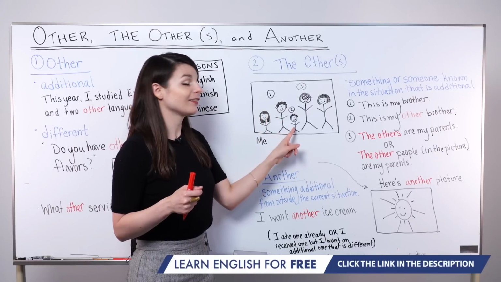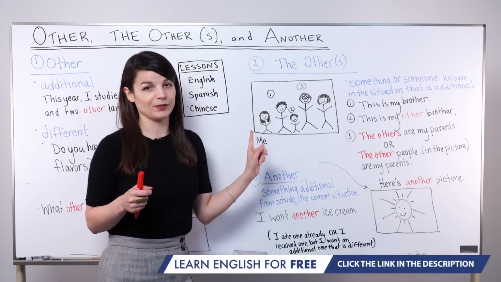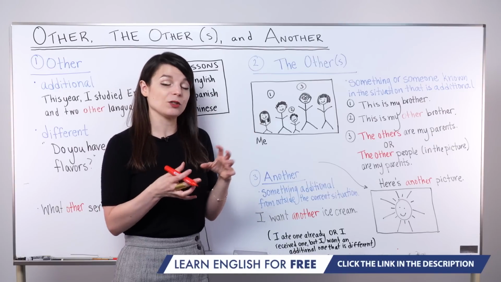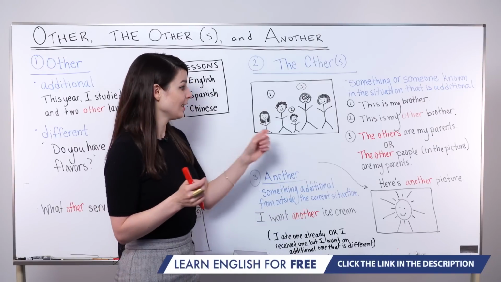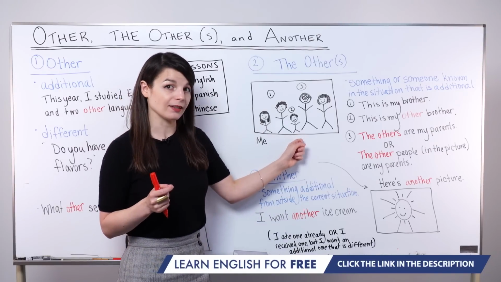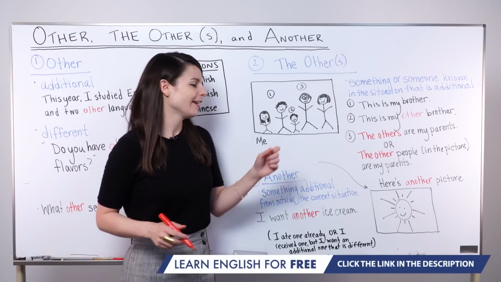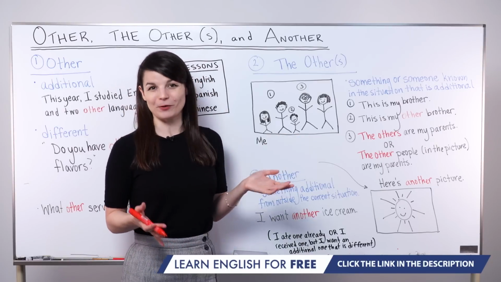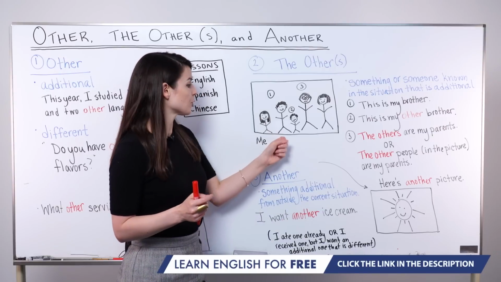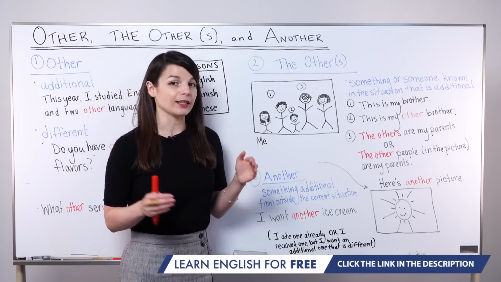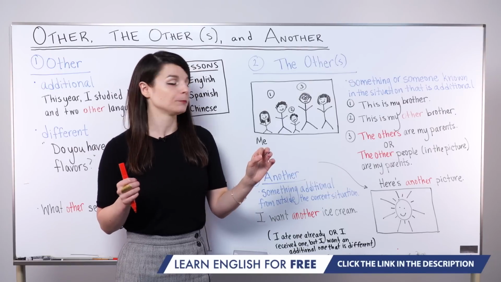This is my brother, this is my other brother. So that means from within this known situation, this is the person's details. Of course, the speaker could say, these are my brothers, if they want to. But for this practice, we're showing specifically the relationship here with other.